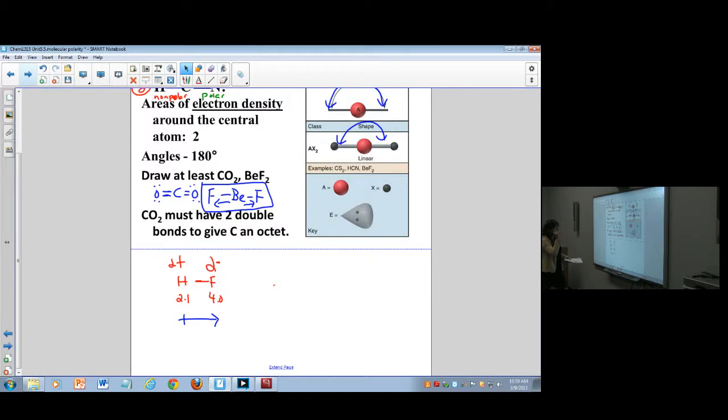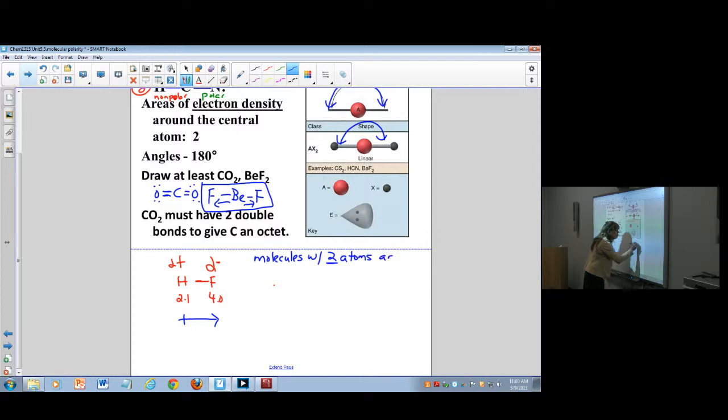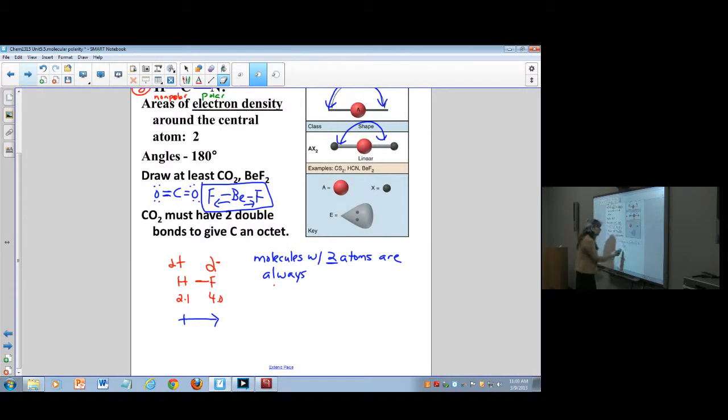One more thing I wanted to note, in the linear family: molecules with just two atoms are always linear. It doesn't matter what the central atom's geometry is, it has to end up being linear.